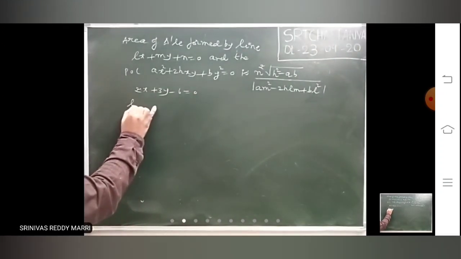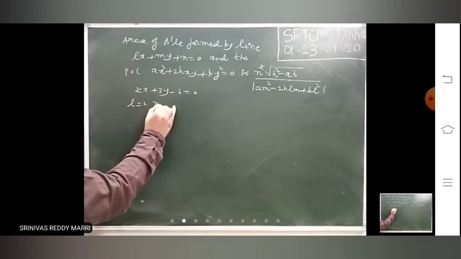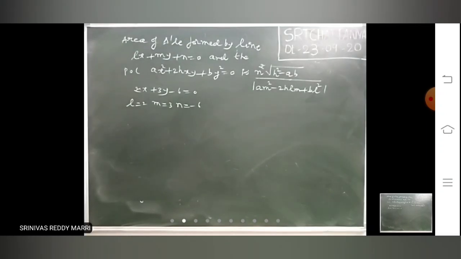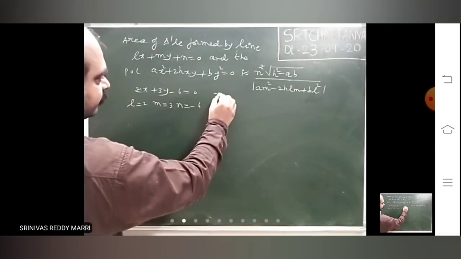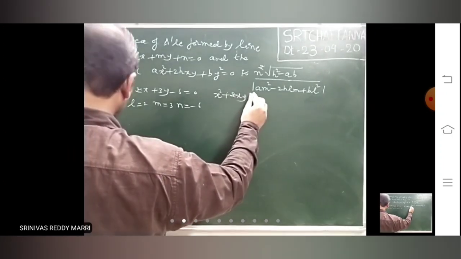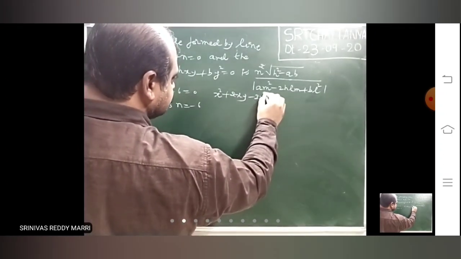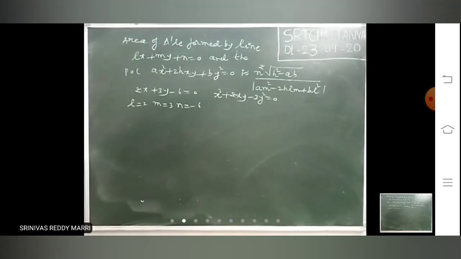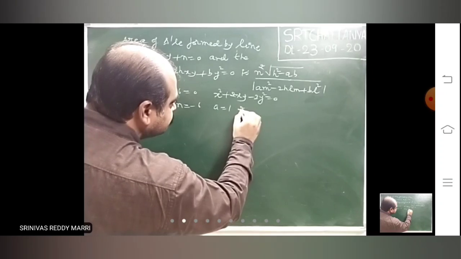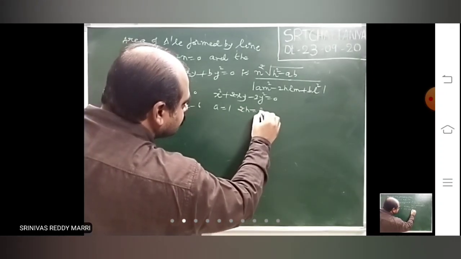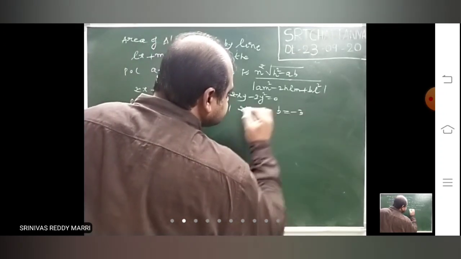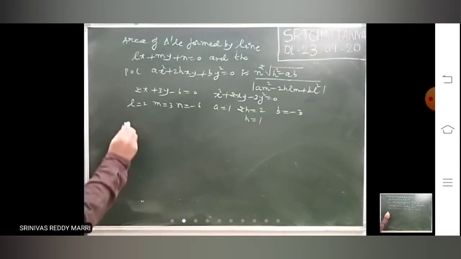This is given, so L is 2, M is 3, N is minus 6. The previous problem: x square plus 2xy minus 3y square equal to 0. So a is 1, 2h is 2, so h is 1, b is minus 3. Substitute in the formula.